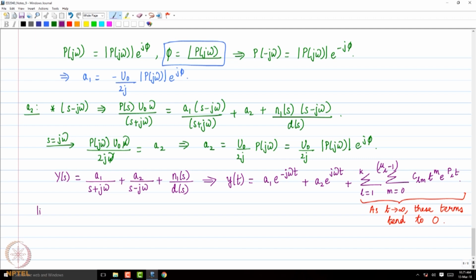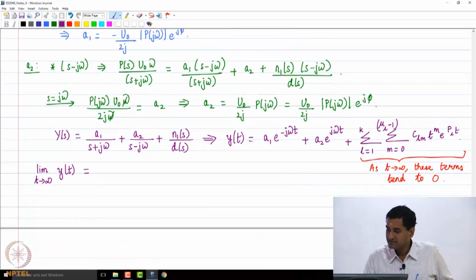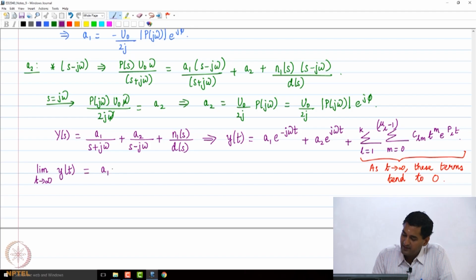This means that the limit as t tends to infinity of y(t), which is the steady state output, is just going to be a1 e^(-jωt) plus a2 e^(jωt), because the third set of terms is going to tend to 0 as t tends to infinity. I hope it is clear how we got this, right.